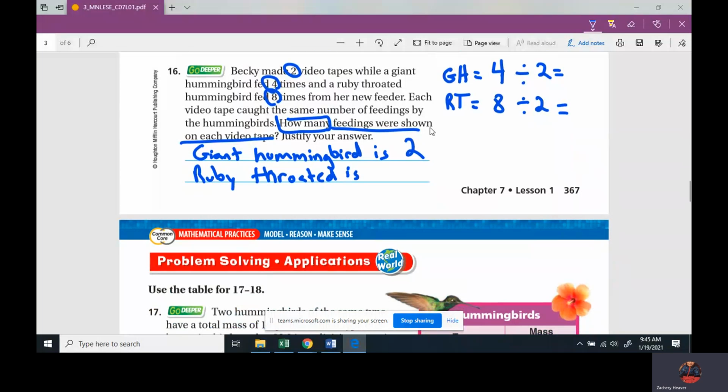Oh, well, don't worry about it. The ruby-throated. Who can figure out 8 divided by 2? Willow? Nope, that's 8 times 2. 8 divided by 2. So if we skip count 2 to 8, how many times is it going to take?